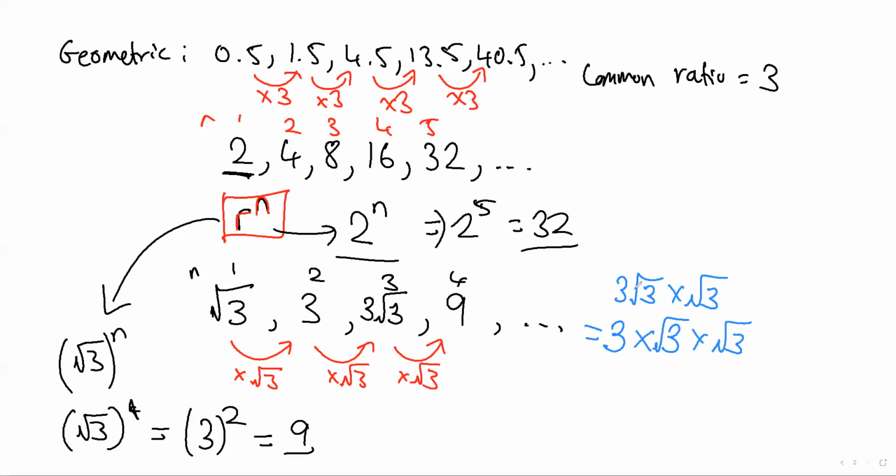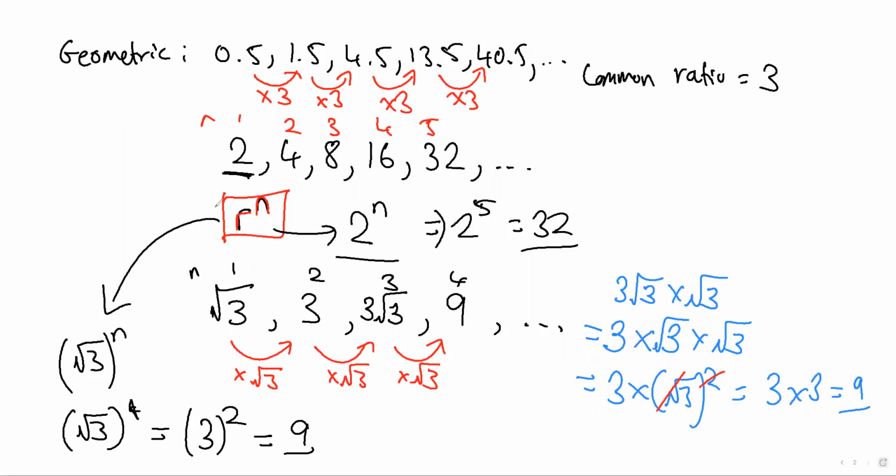So 3√3 times √3 is the same as 3 times √3 times √3, because remember, this 3√3 just means 3 times √3. Because we have √3 times √3, we can rearrange that to be √3 squared. We know that the squared cancels out with the square root. So we end up getting 3 times 3, which is 9. And that's how it works.